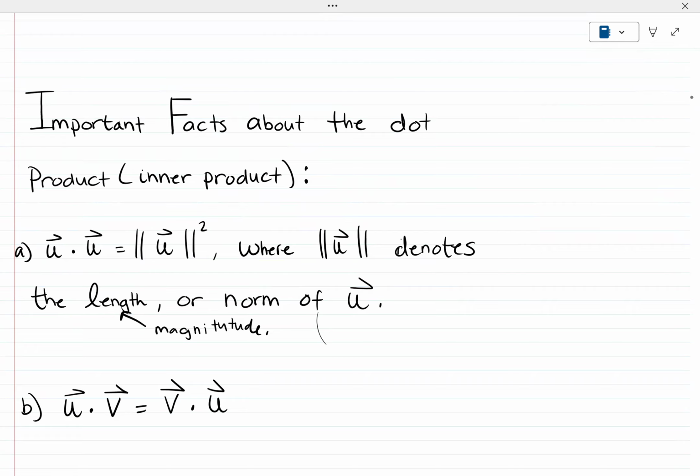Also, you can switch the order around: u times v gives you the same result as v times u.